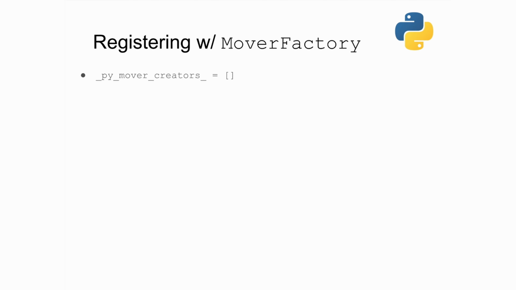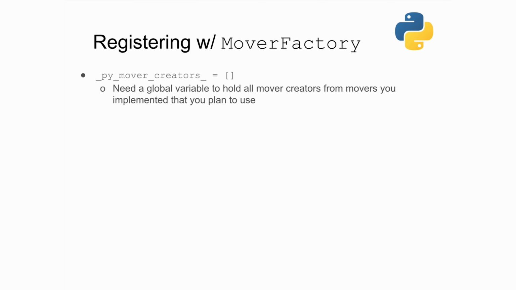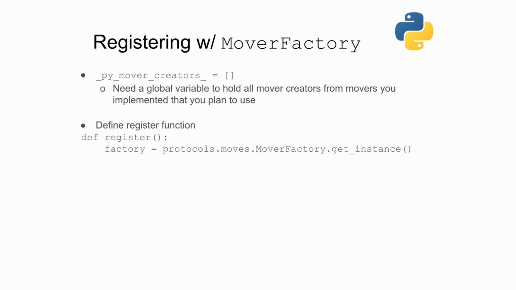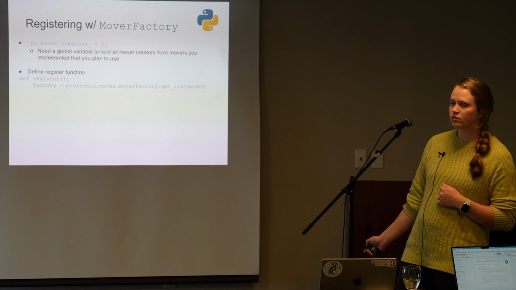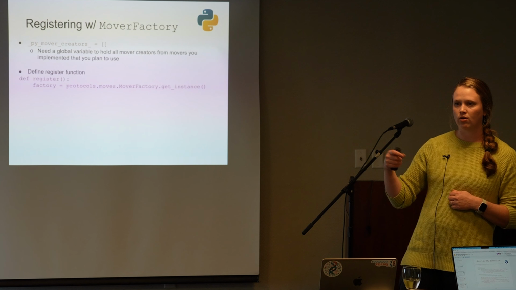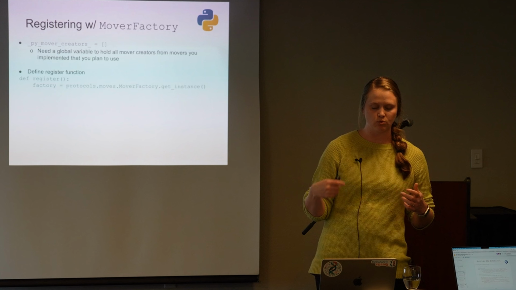So how is this going to look with Rosetta? You're going to need to define this list that holds all of your mover creators. For your lab, you'll only have one mover, so it will end up just being one. Then you'll define a register function, and you'll get an instance of the MoverFactory. If you remember, MoverFactory is a singleton, so we call getInstance instead of a typical constructor.